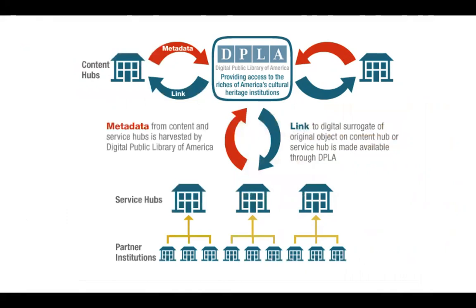Service hubs, on the other hand, which are represented on the bottom, represent statewide or regional collaborations of partnering institutions that aggregate and then share records from all their partners with DPLA. So the hubs both aggregate records so that DPLA doesn't have to have individual relationships with all of the institutions, but they also help to build resources for their community and help build capacity in institutions and help build collaboration in that region.